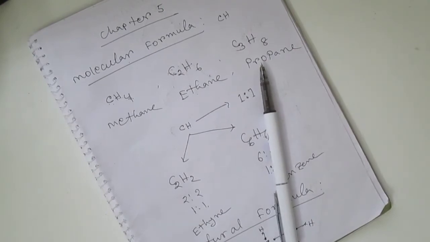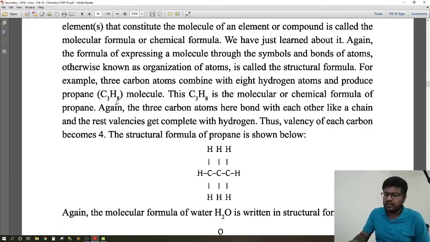Let us go to the laptop screen again. In our book, the structural formula of propane is given: carbon number 1, carbon number 2, and carbon number 3, and the valency of each carbon is 4, filled up.